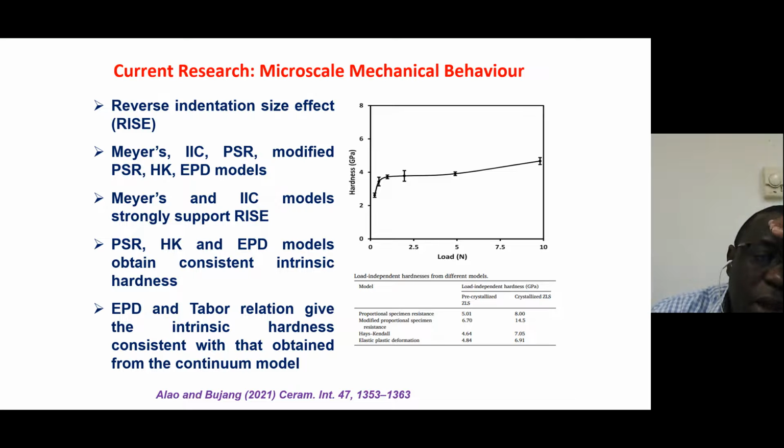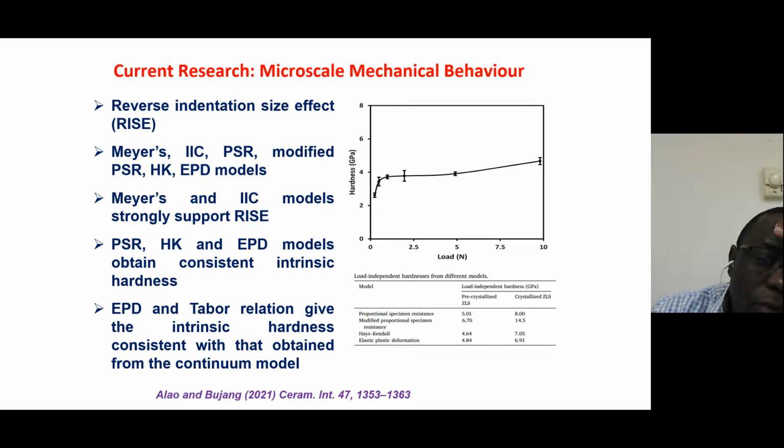One of them is the Meyer's model, which relates the load with the hardness in this form. So you can see this is the load versus the indentation size.